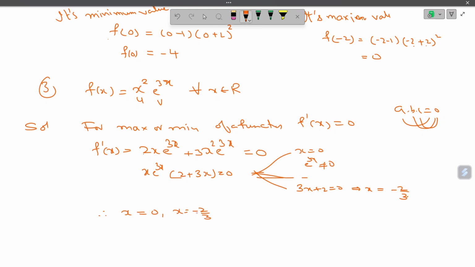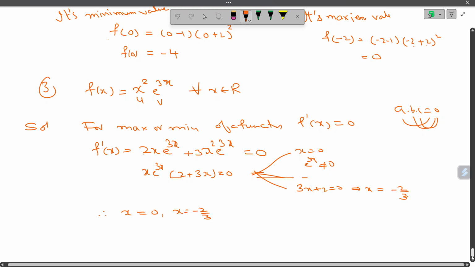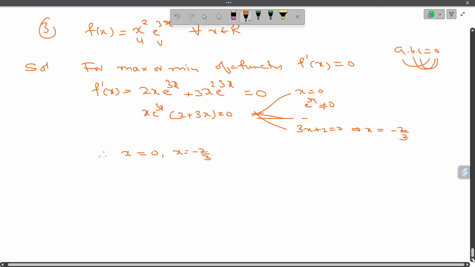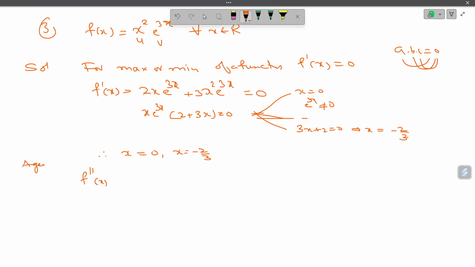Now what we have to do, again differentiating. UVW rule. So f double dash x. Again differentiating this one. So again it will be 2, UV rule here also, UV rule here also.